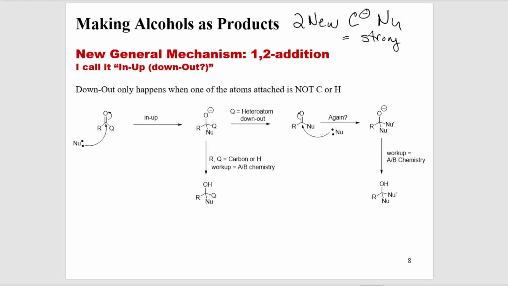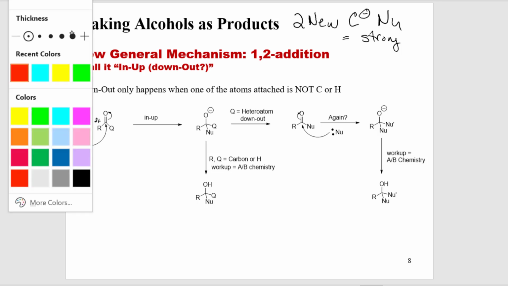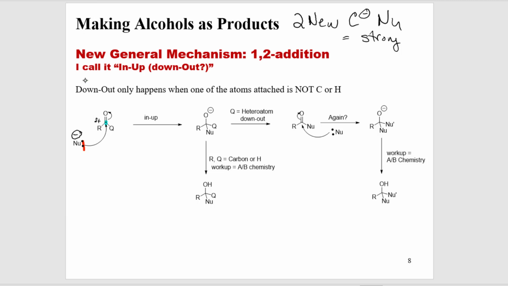And this is the schematic I have on your mechanistic motif handout. We're going to be concentrating on nucleophiles that are strong, so we only need our carbonyl to be partially positive. Okay, so we have our strong nucleophile and we have our partially positive carbon.